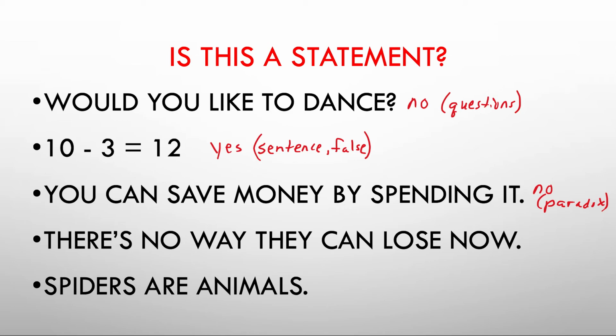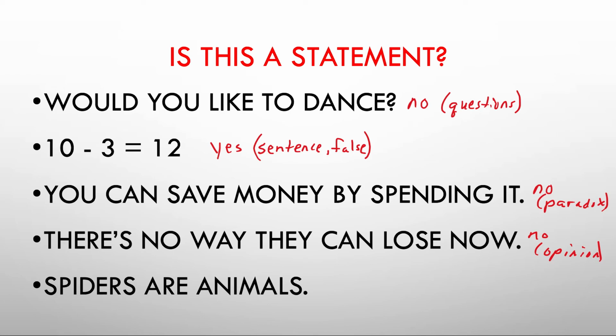The next one says there's no way they can lose now. We might hear this, for example, at the ball field when we're watching a baseball game. Maybe one team has quite a few points, and we hear somebody in the stands say, there's no way they can lose now. This is not a statement because it is someone's opinion. And remember that opinions are not statements.